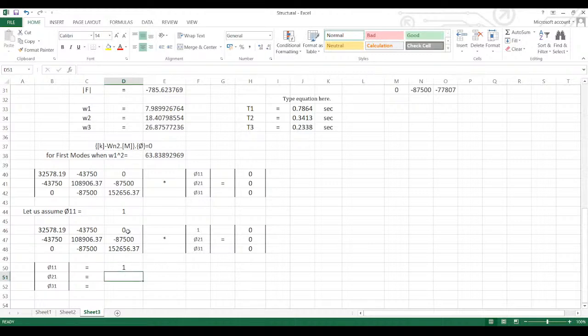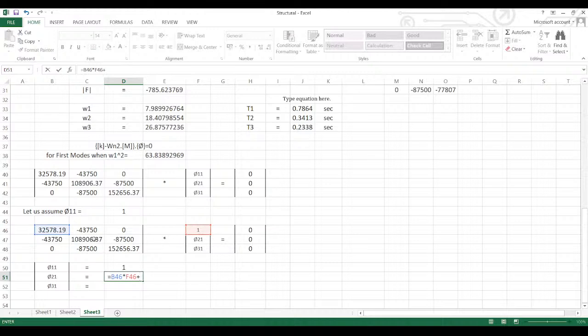For 522 we have to multiply this matrix with this. This into this plus this into this.